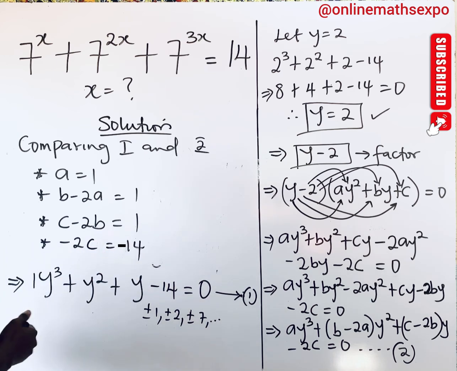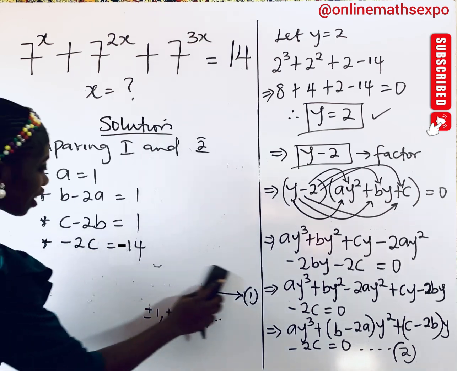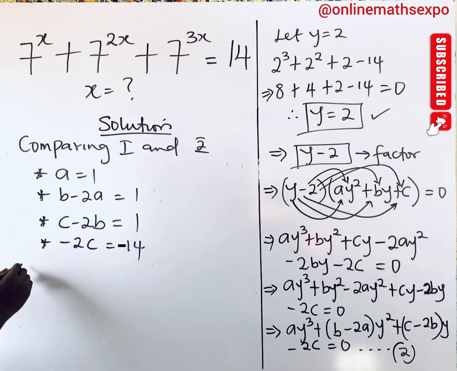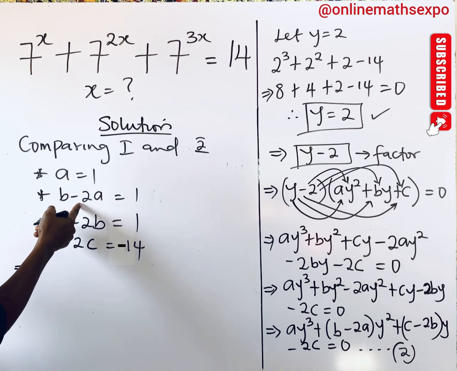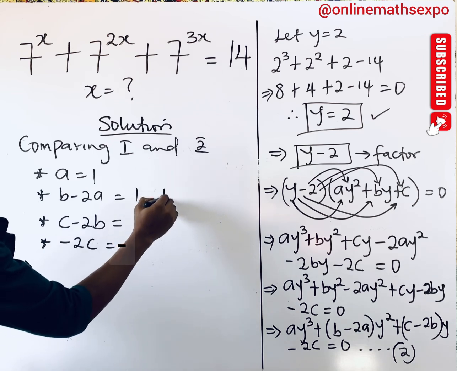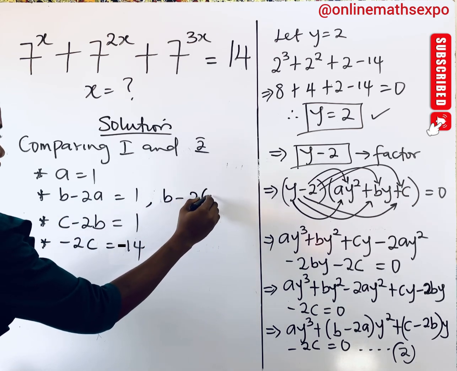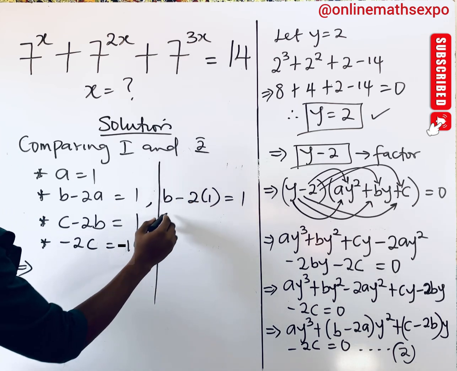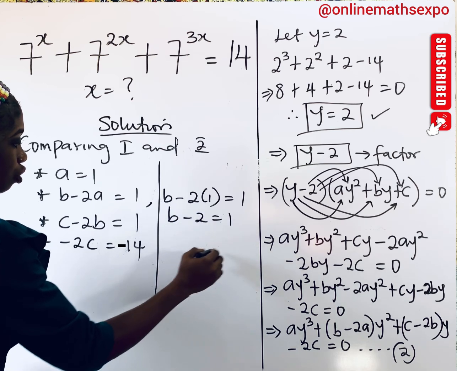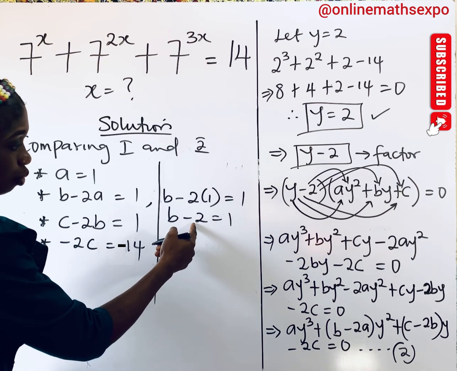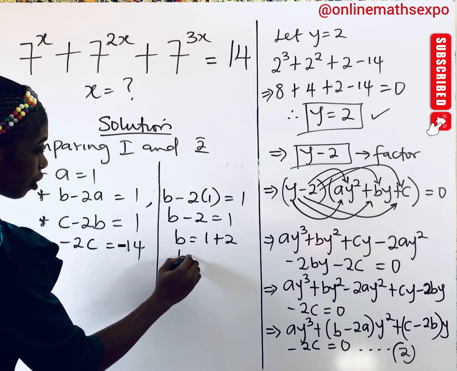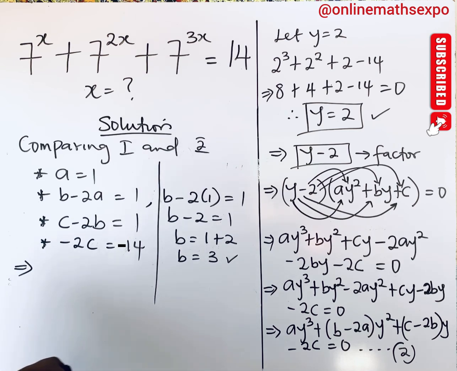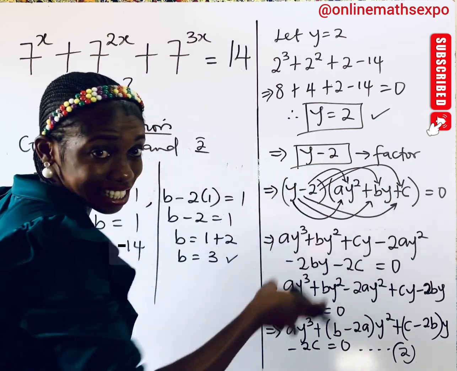So let's get the values of a, b, and c. We can conclude that our a is 1. Then for here, if a is 1, putting the value here gives us b − 2 × 1 = 1. If you simplify, you have b − 2 = 1. So b will be, add 2 to both sides, 1 plus 2, which gives us 3. Now, if b is 3, what do you do again? We need to get c, so we replace it here and get the quadratic equation.